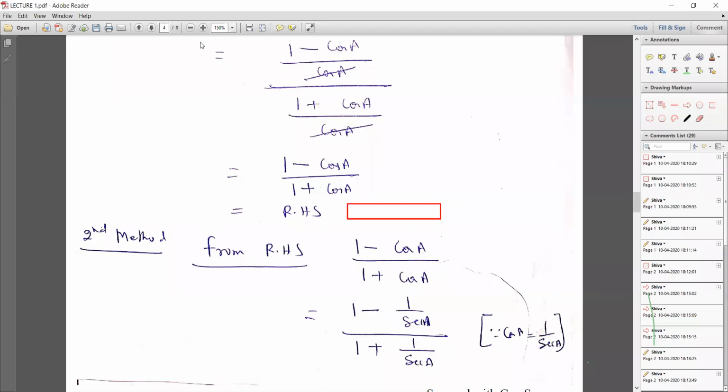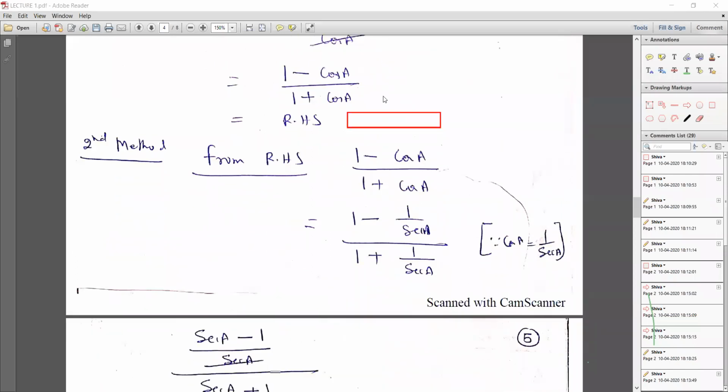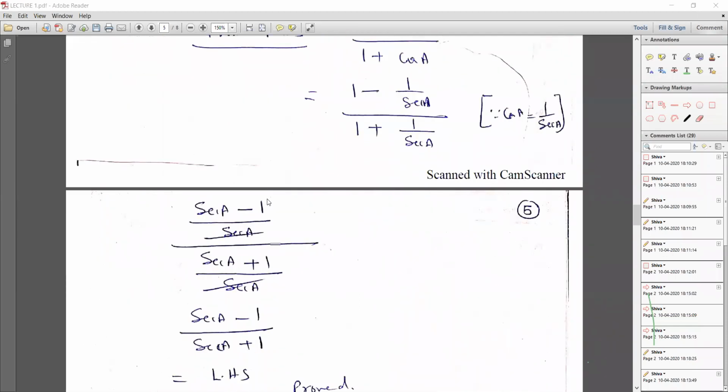If I start from the RHS, then it is 1 minus cos a upon 1 plus cos a. That was the right hand side. So 1 minus cos a can be written as 1 upon sec a. Similarly, in this way, 1 minus 1 upon sec a upon 1 plus 1 upon sec a.